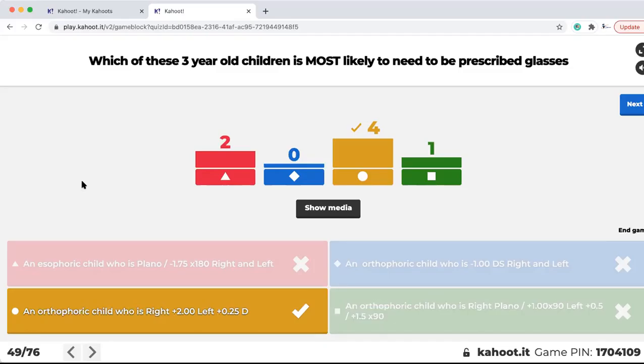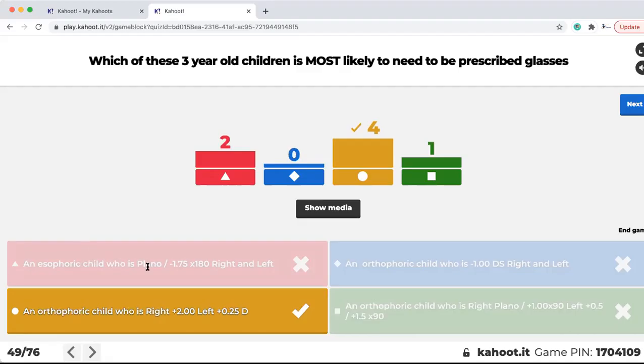So we can tolerate slightly larger errors of refraction if both eyes are the same. But if both eyes are not the same, then this tolerance will be less, and this may indicate more urgency for prescription of glasses. So having these rules in your mind, let's now see the options.